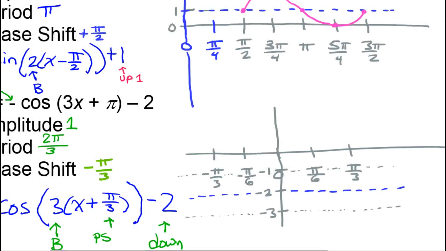So that means the cosine function needs to start at its lowest value. So I'm going to put my first dot right here. Remember, I'm starting at the phase shift, which was negative pi over 3. So I start at its lowest value, then it should go to the midline, then to its highest value, back to the midline, and then back to its lowest value. Again, because the cosine is upside down.